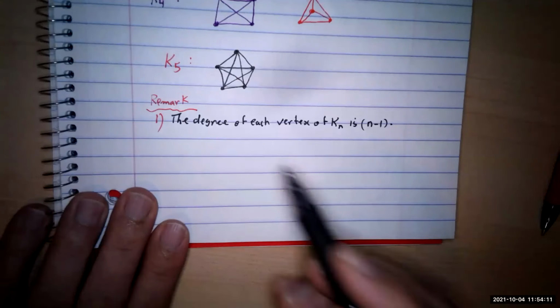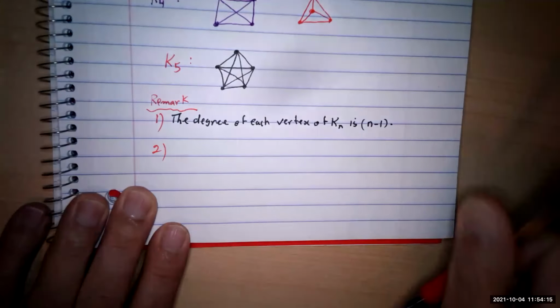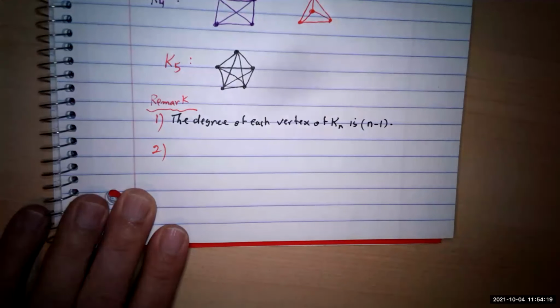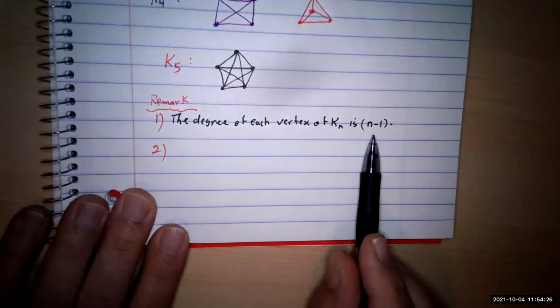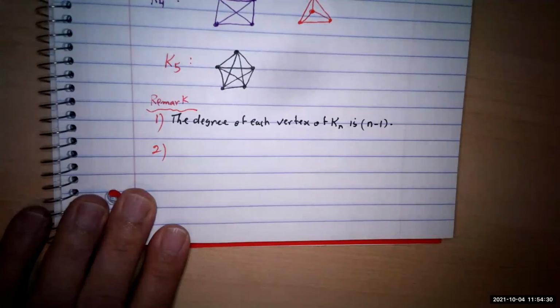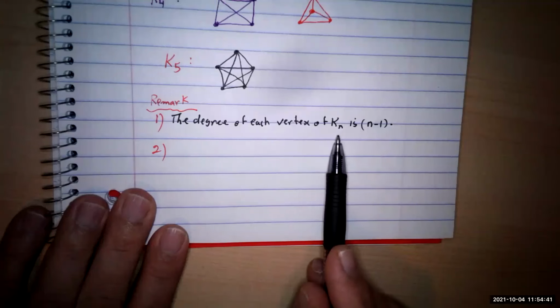The other one that you have to know is the total number of edges. There are n minus 1 edges passing through one vertex. So if you want to find the total number of the edges, n minus 1 passing through each, but you have n vertices.